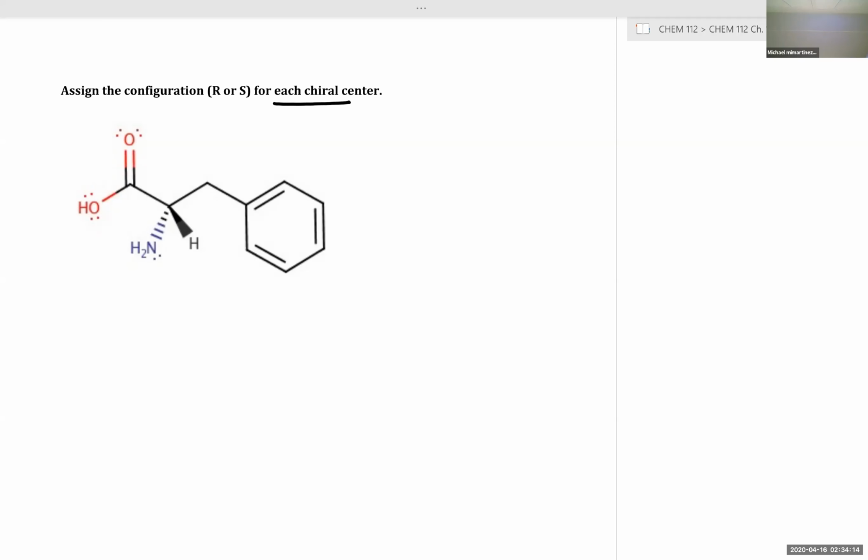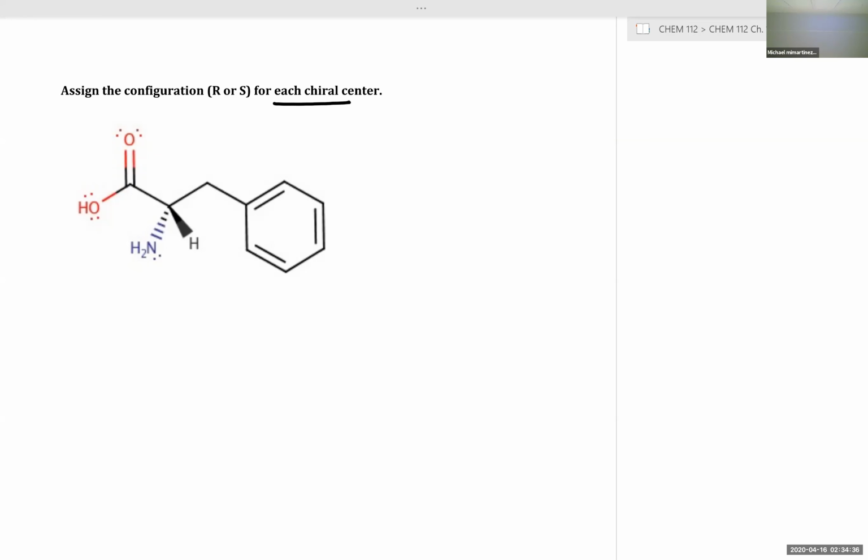In chat, you're more than welcome to type your proposed configuration assignment for the following molecule. Okay, I already see a few people providing their assignments.